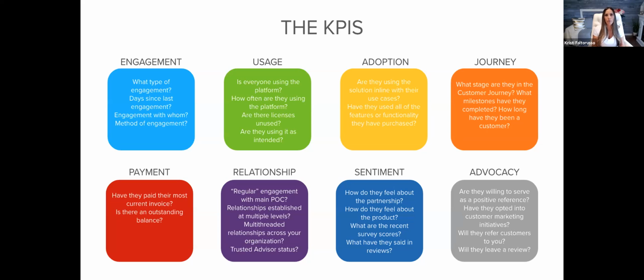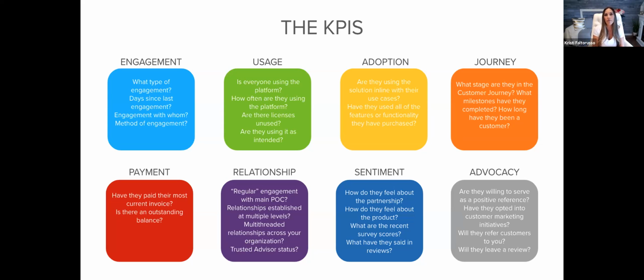The next one there is adoption. In this one, I would start to say, are they using the solution in line with their use cases? So if my customer has purchased the product to, let's just say, manage engagements. If I'm using the ClientSuccess model here and they say, we really just need a place to make sure that we're communicating with our customers often, and we just need to be able to track that. Well, if my customer isn't using engagements in our platform, but that was their intended use case, that would be alarming.